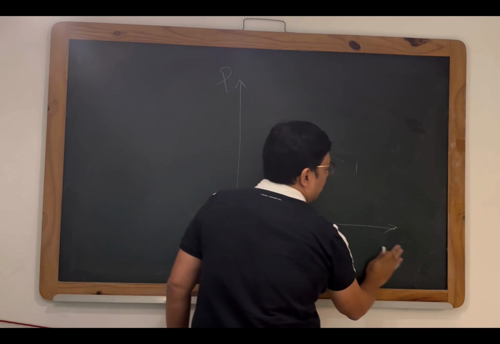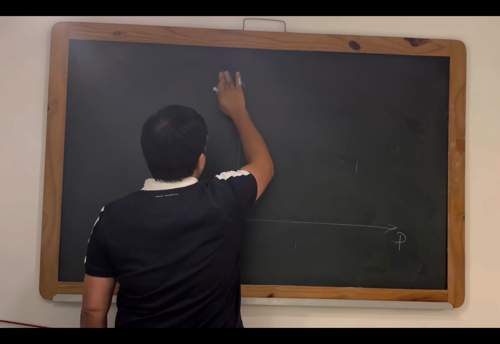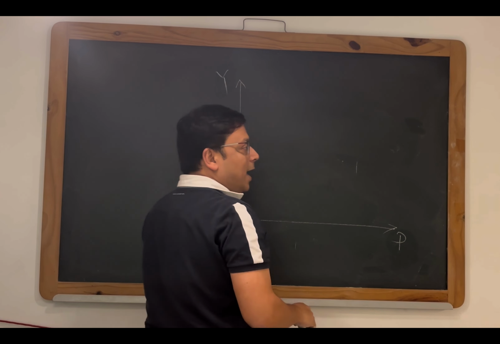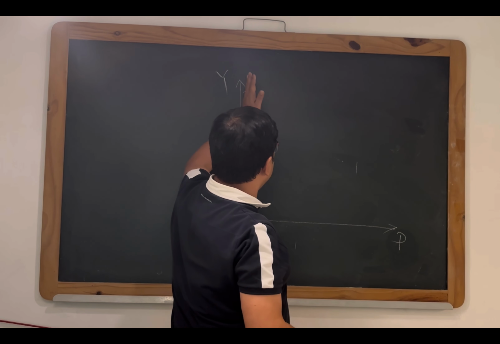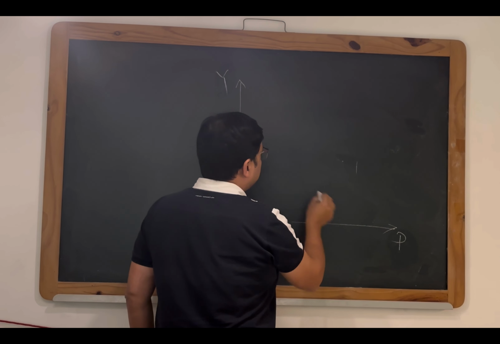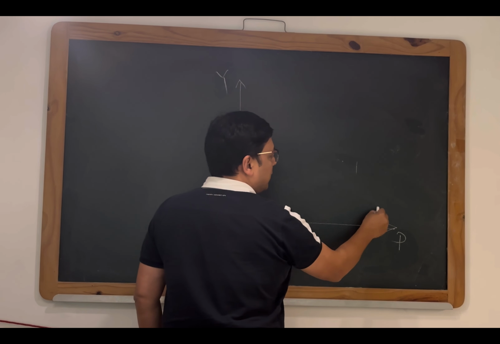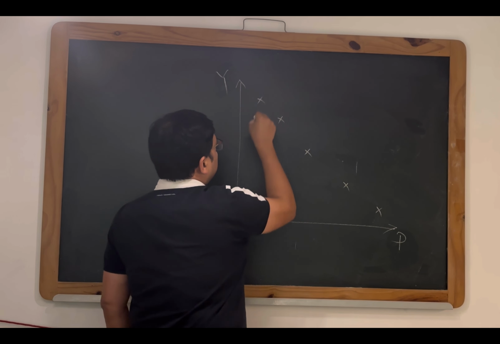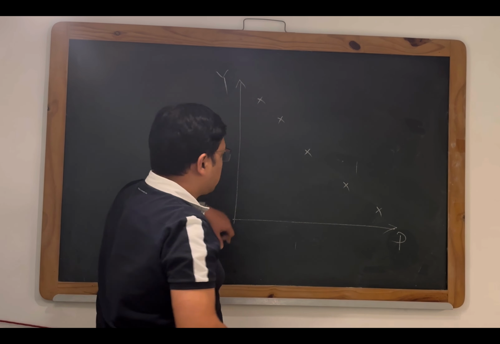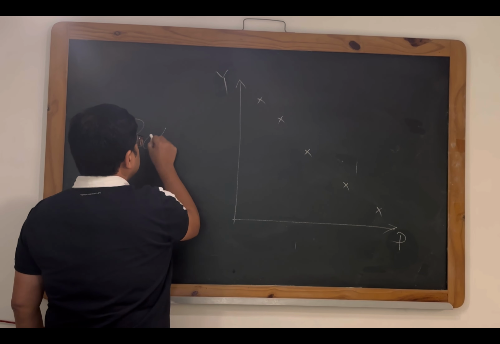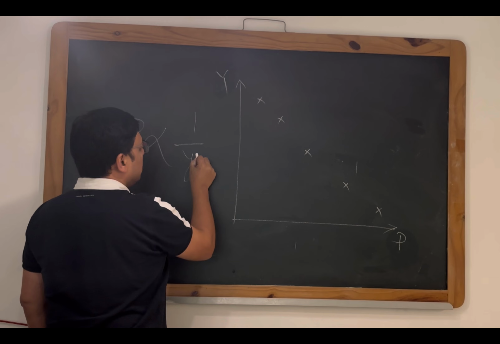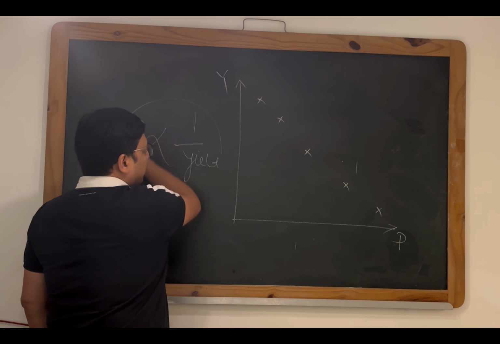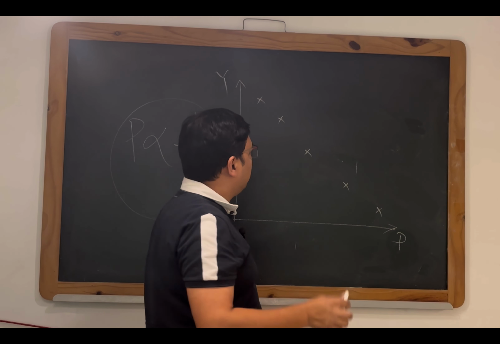As the yield goes lower, price is higher. So if the yield comes down, price is here, let's say this is the point. As the yield goes up, price comes down, because price is inversely proportional to yield. Correct?